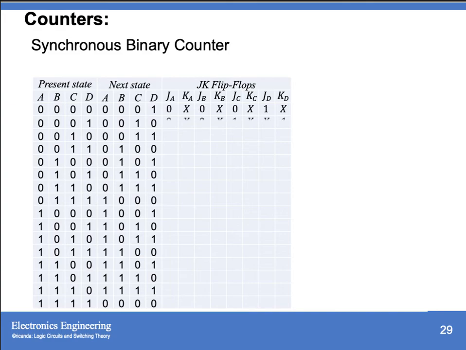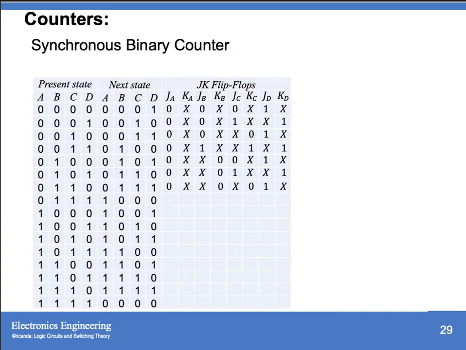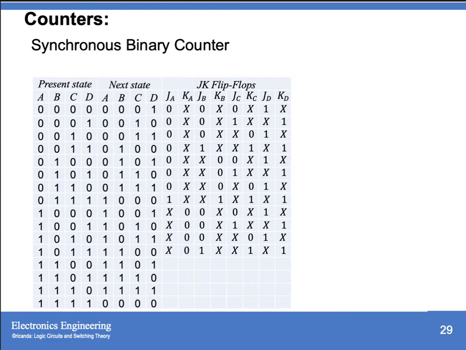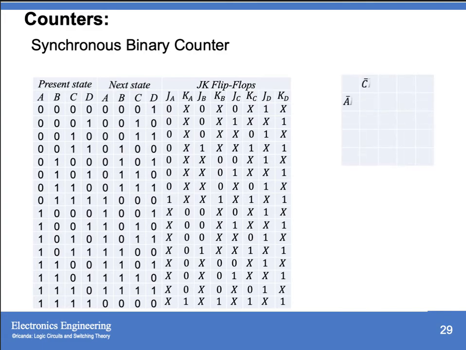So we have this excitation table. If we have from 0 to 1, 1 to 2, 2 to 3, 3 to 4, then we have 12 to 13, 13 to 14, 14 to 15, and 15 to 0.